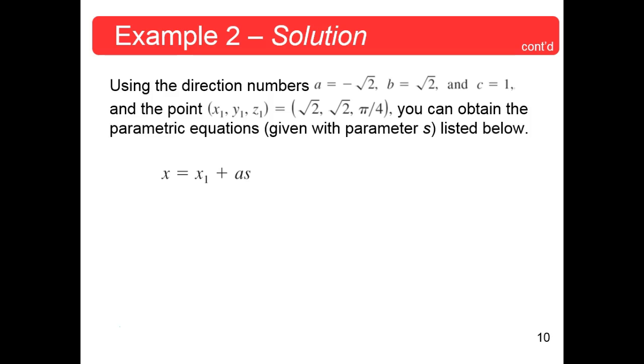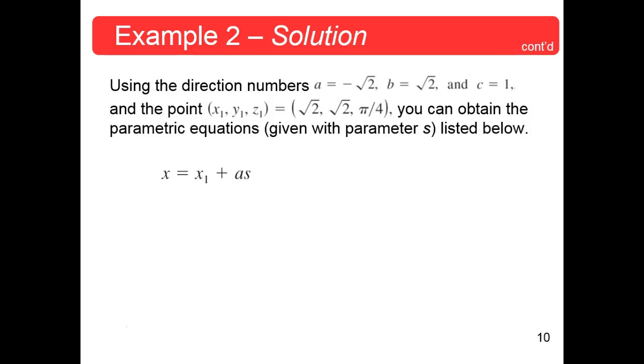And that you have this as your point, x1, y1, z1. Then you can obtain the parametric equations by x is equal to x1 minus this times t. I'm sorry, that's s. We've already used t. Sorry. Y is equal to root 2 plus root 2s.